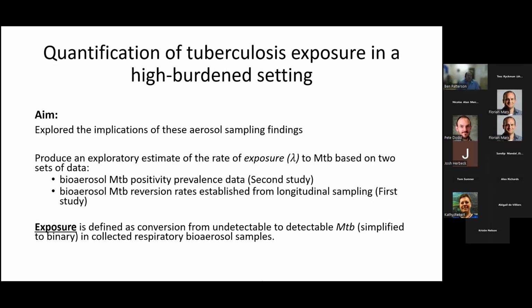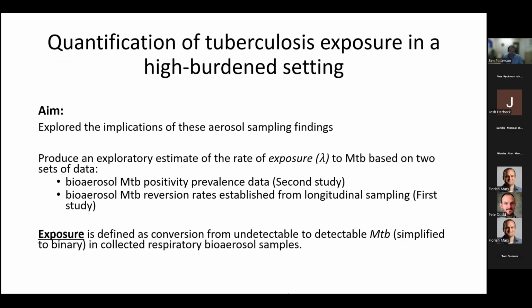We're defining exposure in this case as a conversion from an undetectable to a detectable MTB in a collected bioaerosol sample. And just to say, we're working from the binary detected, non-detected, and removing the quantitative element.